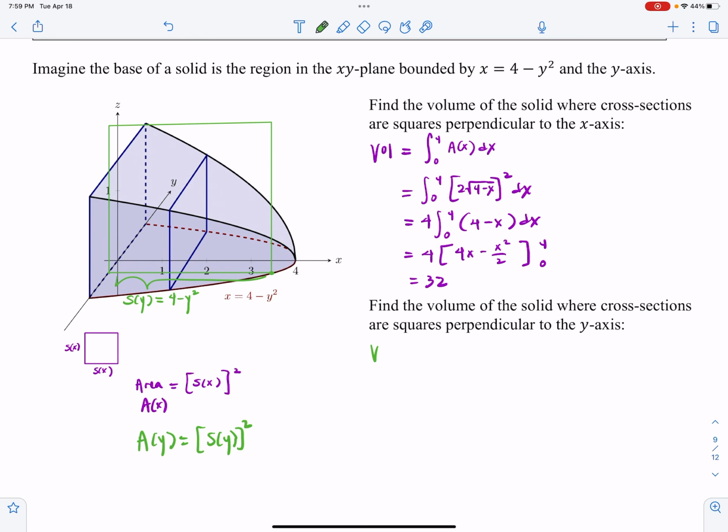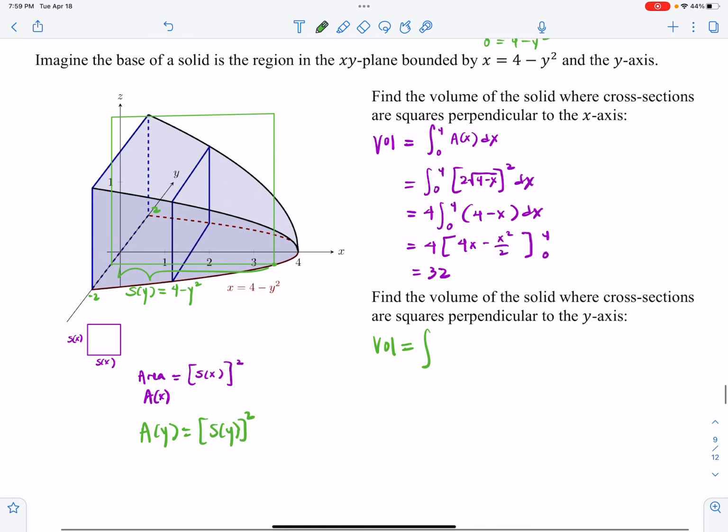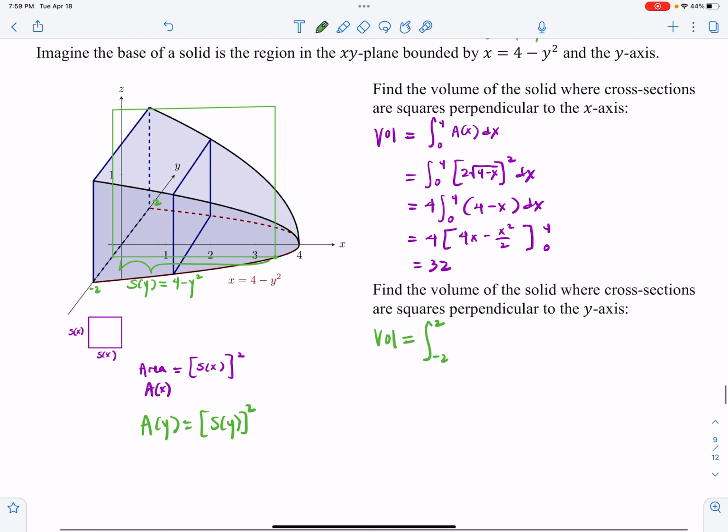So the volume of that solid would be the integral, and reading y values, if we let x equal 0, the y-intercepts would be -2 and 2 for the base. So we're integrating from -2 to 2, 4 minus y squared dy.